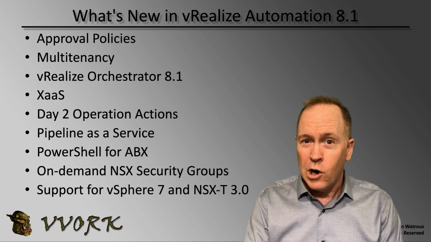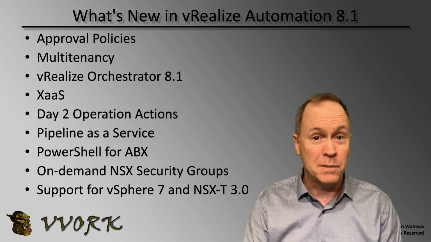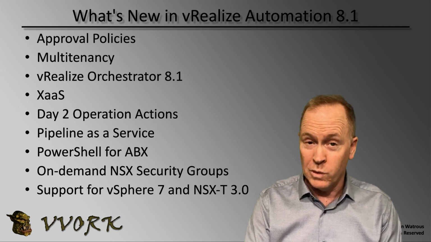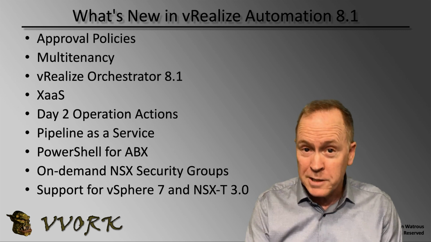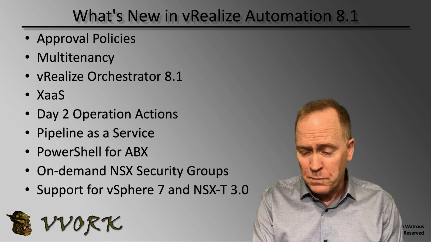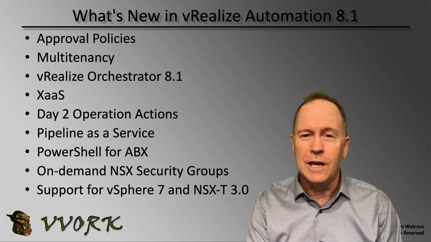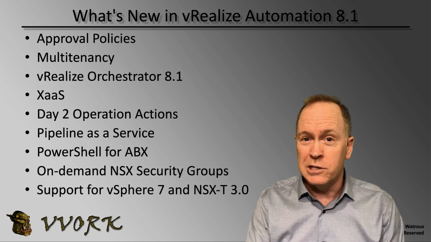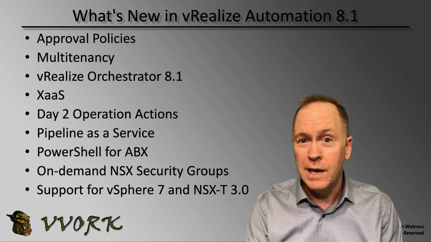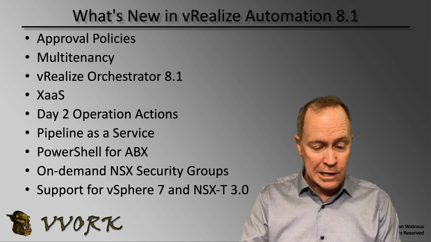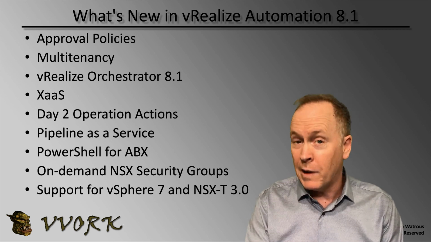XaaS blueprints call out to an orchestrator workflow that you specify. That could be an orchestrator workflow that you wrote, or one that VMware wrote, or your consultant writes. Whoever creates the workflow, what you're able to do with XaaS is create a blueprint that makes it easy for your end users to consume whatever functionality, whatever power, that orchestrator workflow is providing, through the same service catalog that your vRA users already know how to use.